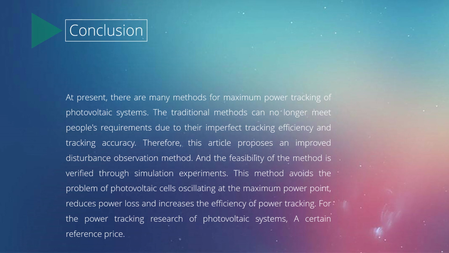At present, there are many methods for maximum power tracking of photovoltaic system. The traditional method can no longer meet people's requirements due to their imperfect tracking efficiency and tracking accuracy.